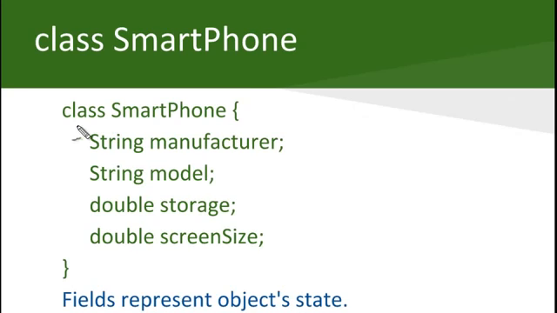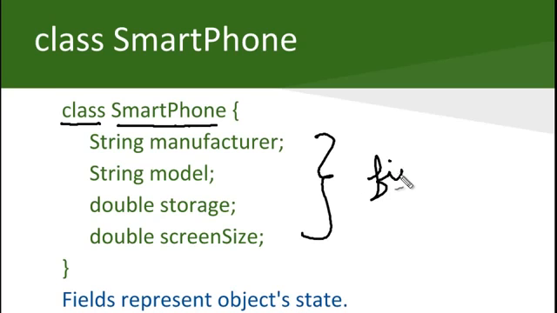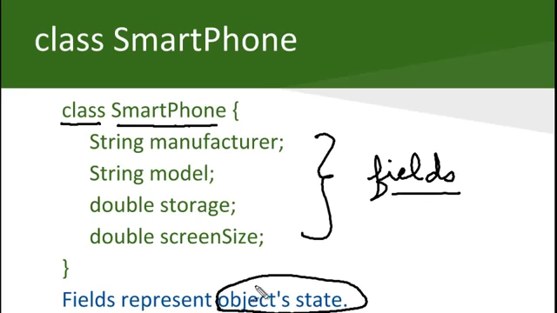Let us now write the code for the same, as in how it will look in Java. So we use the class keyword and we define the name of the class, smartphone. Now what you are looking at are fields. And these fields define the state of the object.